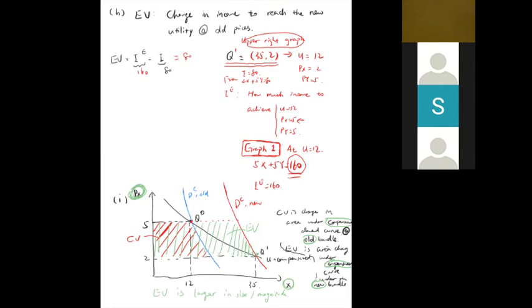The economic profit is revenue minus opportunity cost. Yeah, I think Selvin already gives the answer to the question.